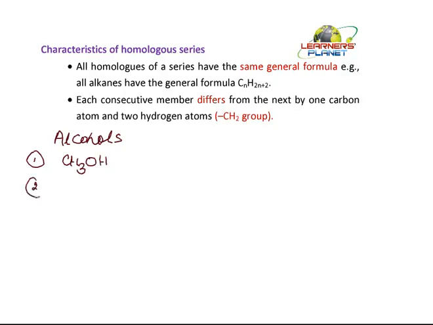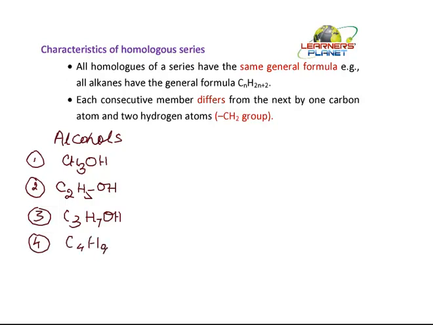The next member would be C2H5OH. The next member would be C3H7OH. The fourth member would be C4H9OH. So the two consecutive members differ by a CH2 group.